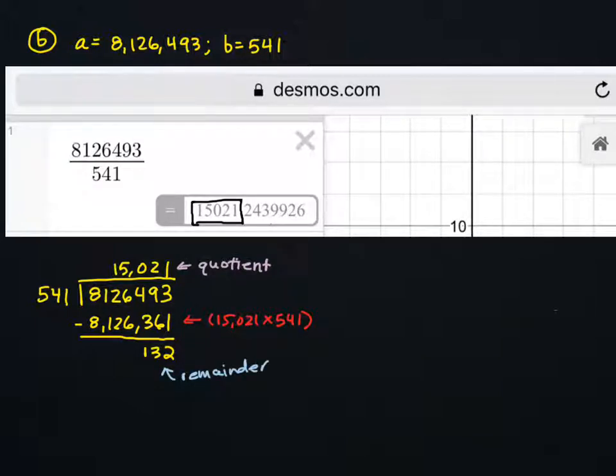So I can write 8,126,493 equals 541 times 15,021 plus 132.